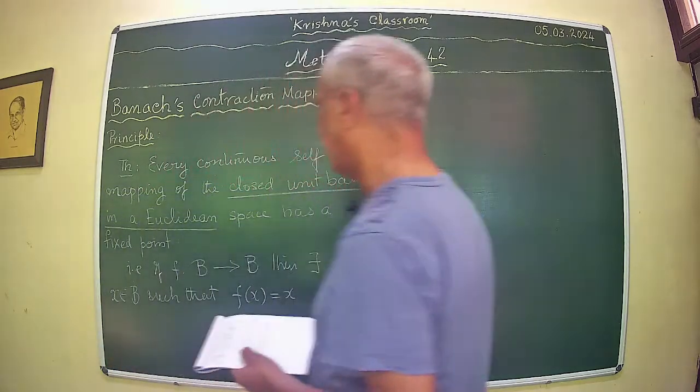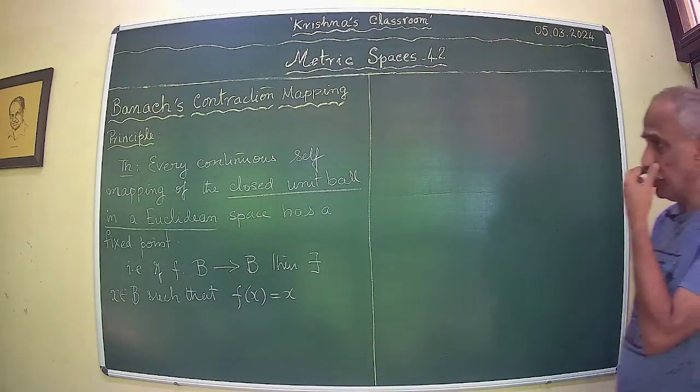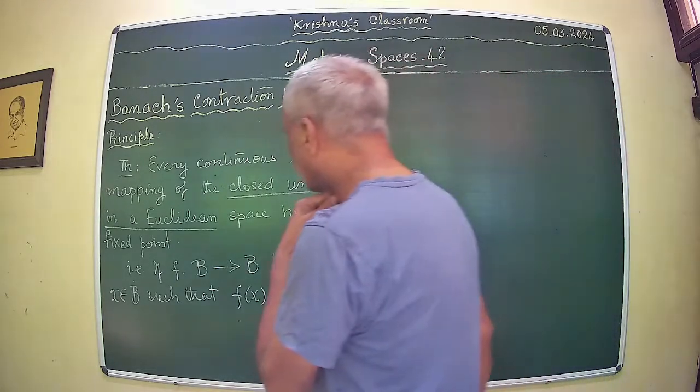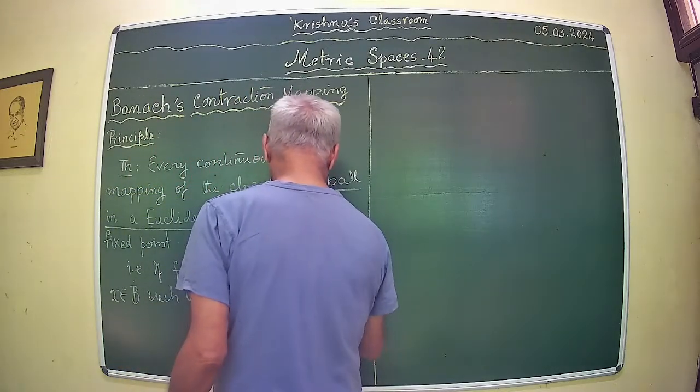That is what we mean by a self-mapping. That is what we mean by a fixed point. Now x is called a fixed point of f.